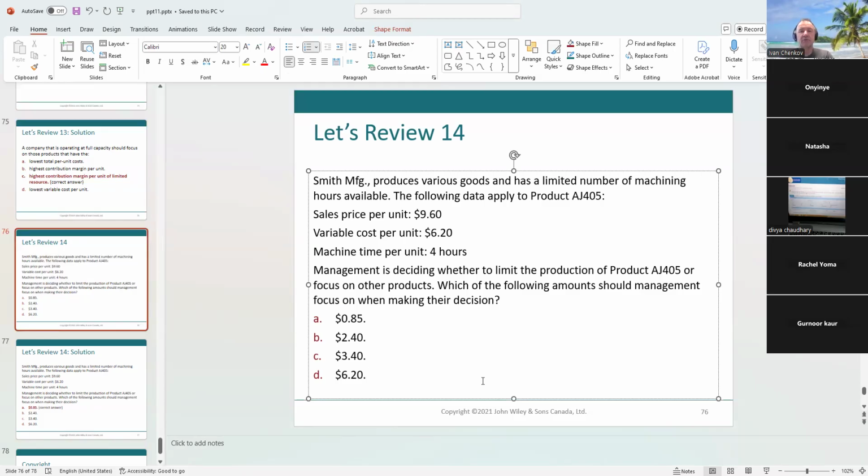How much is my contribution margin, by the way? 9.60 minus 6.20. How much is that? 3.40. Should I base my decision on this one?